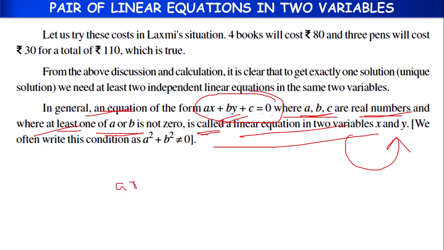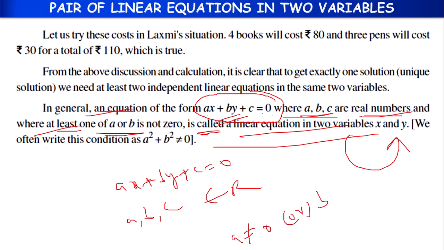That means it is in the form ax + by + c = 0, where a, b, c belong to the real numbers, and a is not equal to 0 or b is not equal to 0. At least one of them should be non-zero.